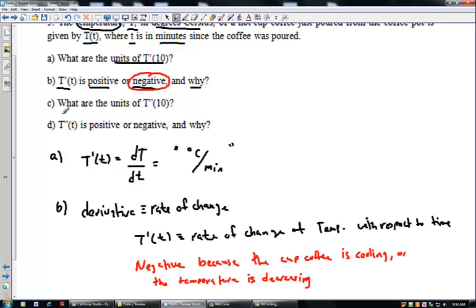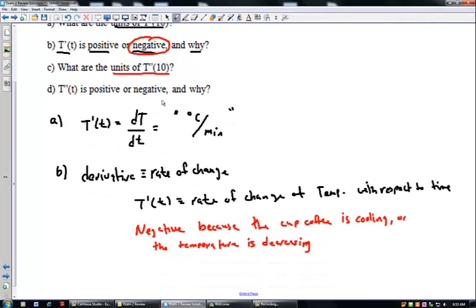And then in part C, we want to answer the question, but not for T prime, but T double prime. So what are the units of T double prime of 10? Again, the 10 really isn't that important. The 10 stands for after 10 minutes. But if I want to figure out the units of T double prime of little t, and you can put a 10 there if you want, one way to do this is to think of how you would write this in the D notation.